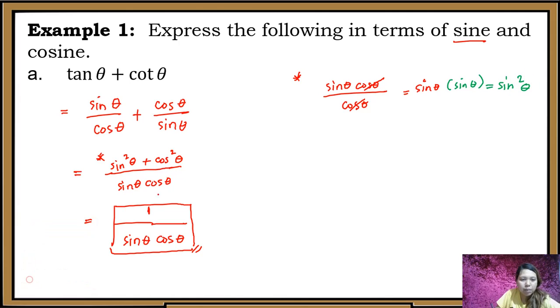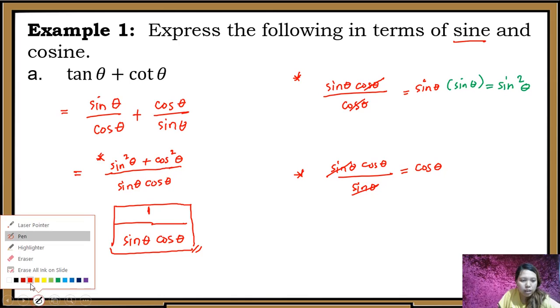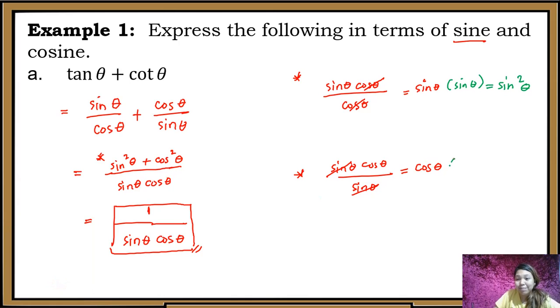Similarly, in the other one, we have sine theta cosine theta over sine theta, the sine cancels, and what remains is cosine theta times the numerator, so that becomes cosine squared theta. So again, take note, we divide the LCD and then we multiply.